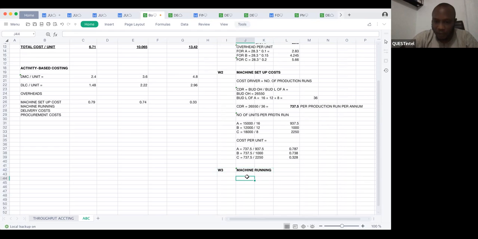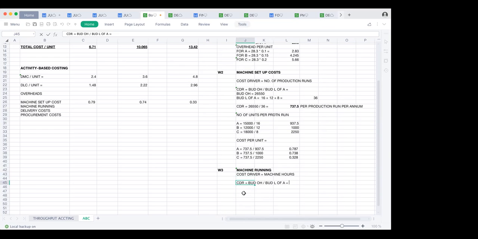Now, what's our cost driver here? Machine running, what's driving machine running? Number of machine hours. So here, machine hours is our cost driver. Then our cost driver rate now. $66,400.